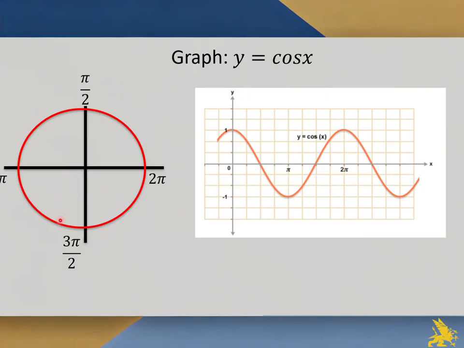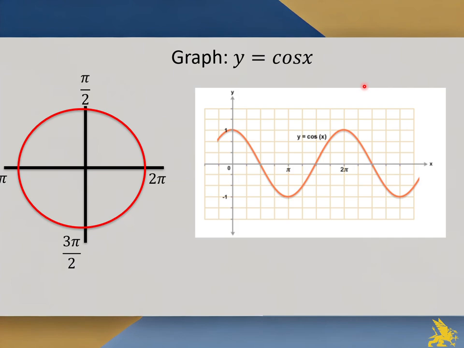Then we go to 3 pi over 2, and cosine, referring to our x, would be 0 there, which is what we've got right here. Finally, when it gets to 2 pi, cosine 2 pi is +1, and that's what we've got going up to the 1. So again, the unit circle clearly maps the shape of our cosine function.